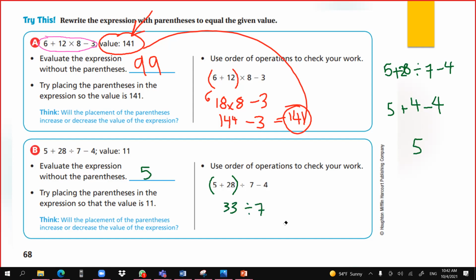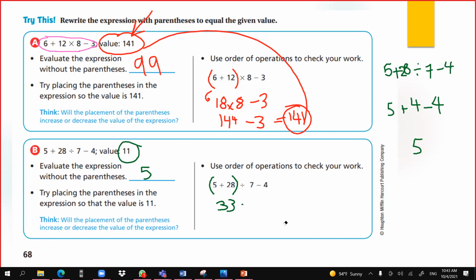Divide by 7. But I don't want to get a fraction. I want the answer as a whole number. So that means here I have a problem. Okay, so now you said that it is 33. But the answer here is 11. How can I make 33 to be 11?